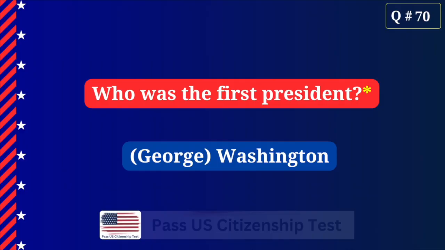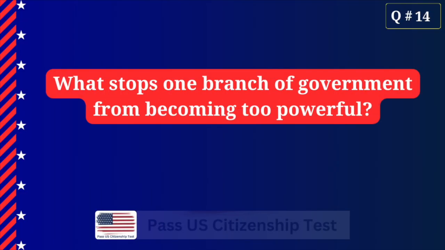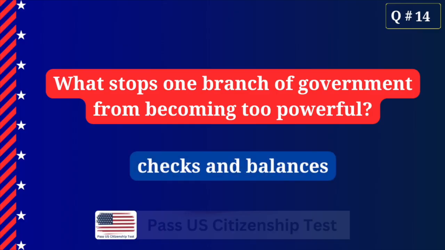George Washington. What stops one branch of government from becoming too powerful? Checks and balances.